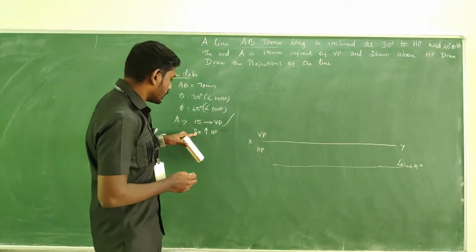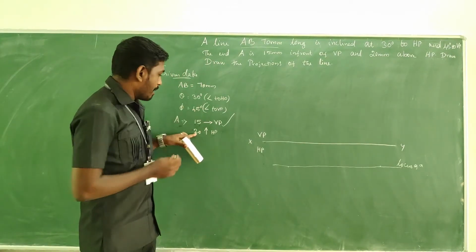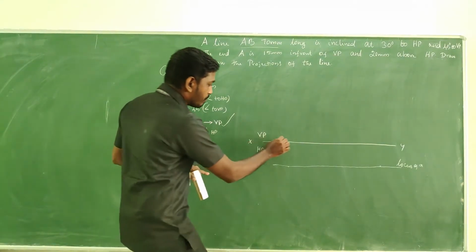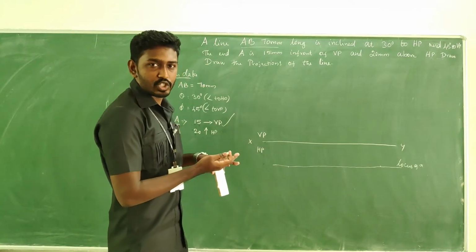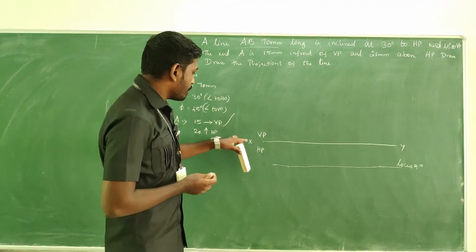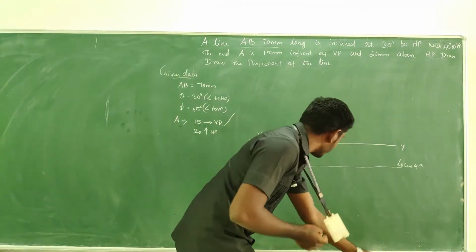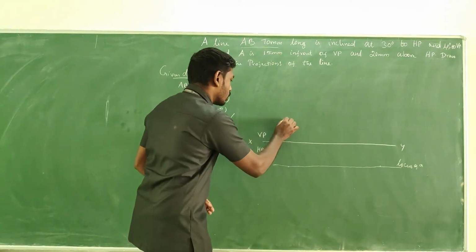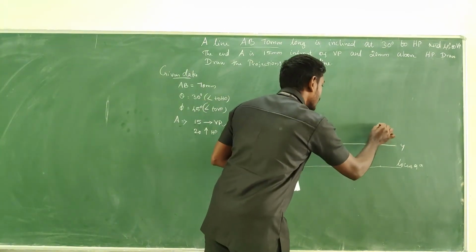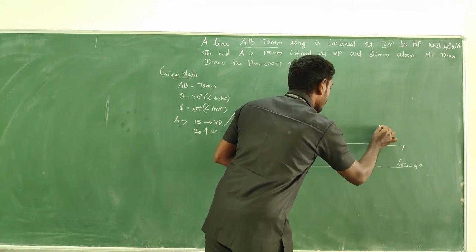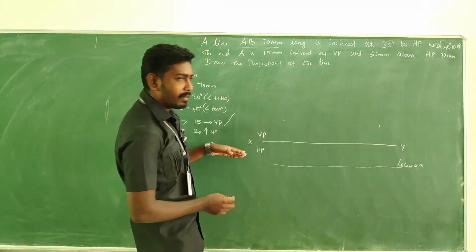And next, 20 mm above HP. As per first angle projection, it is going to be captured above the XY line. So from this line, measure 20 mm and mark a point, and from the other end, in the same manner, measure 20 mm and mark a point.